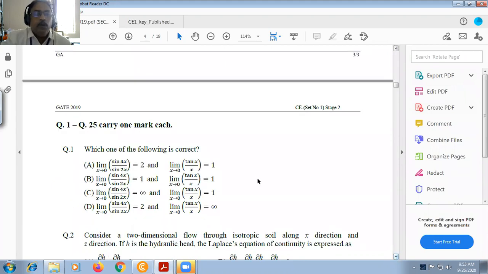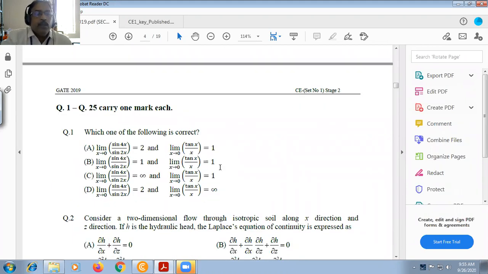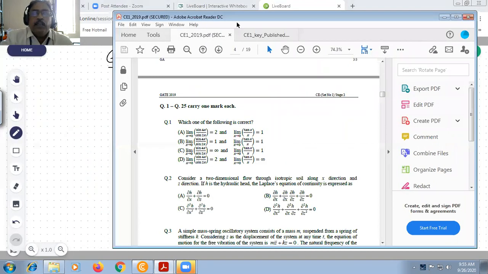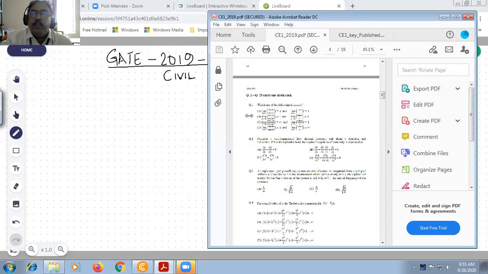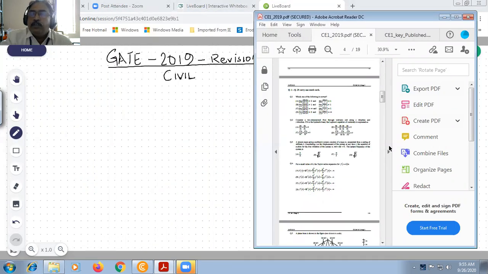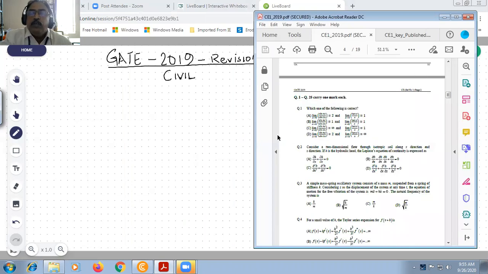Which one of the following is correct? I will minimize the screen. The limit as x tends to 0 of sin 4x by sin 2x equals 2.